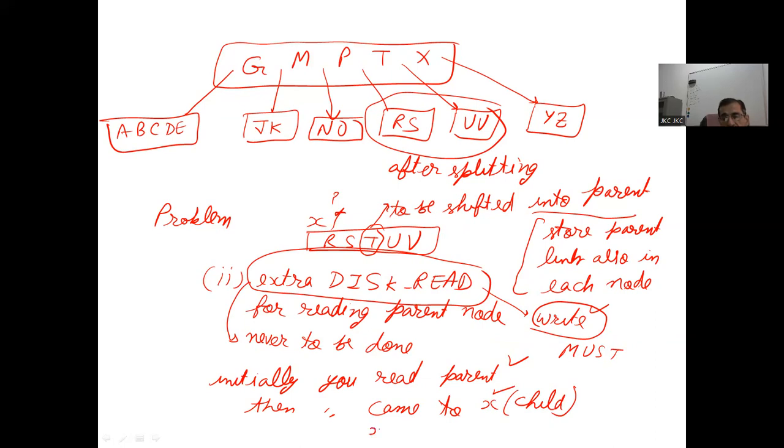From here, from X, now you are supposed to go back to the parent. This is an extra read. When the parent was read, at that time we had not handled such a problem, and now I get extra reads. So to avoid this, the solution is that we will always go downwards only, never upwards.